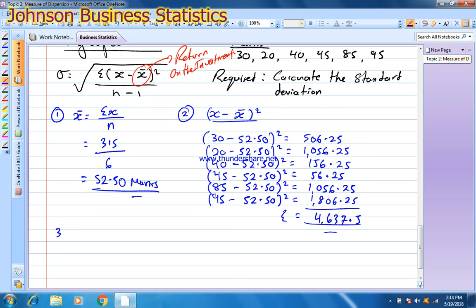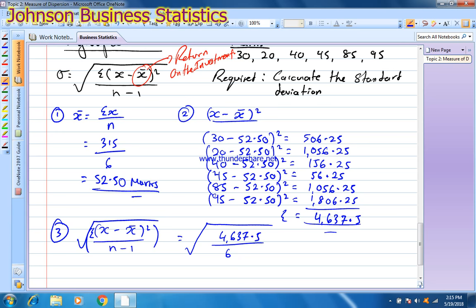And then number 3, let's work out the standard deviation. 4637.5 over 6 minus 1, how much you get?